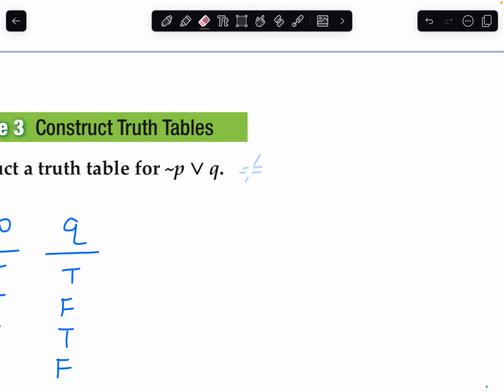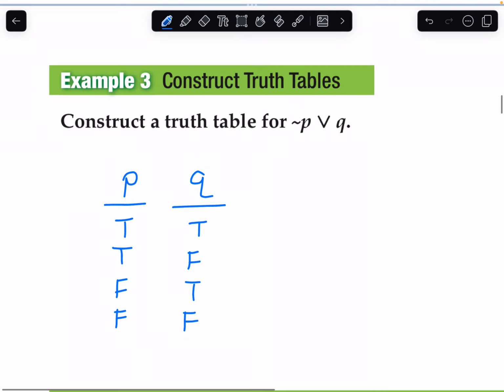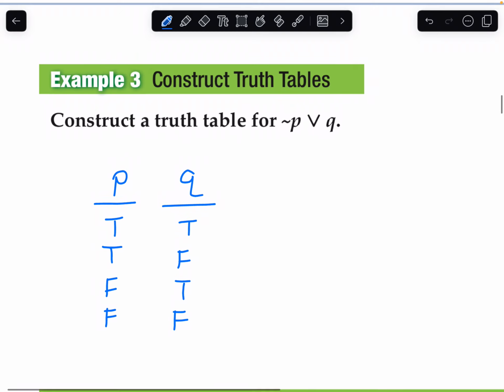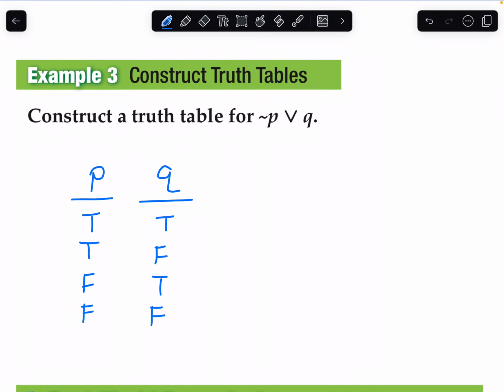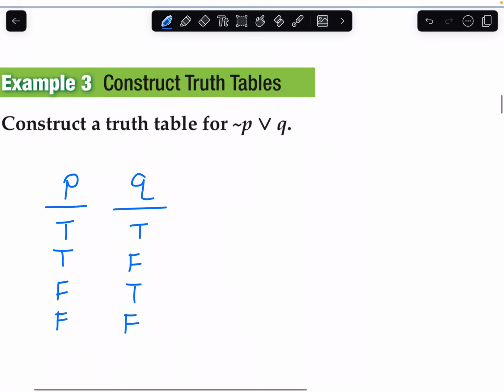But this does determine our order of operations, exactly like a negative number and multiplying here. We've negated P. We haven't negated the combination of P times Q, or P plus Q, or P minus Q, whatever operation is there. So I need to figure out not P first.